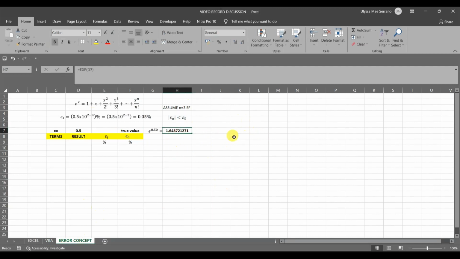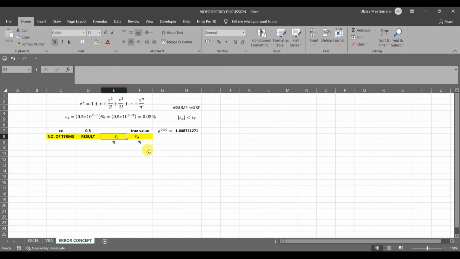We also have the true value of e raised to 0.5 equals 1.64872121, following the table format as shown on our presentation. So, we're going to try using Excel. Number of terms, result, the epsilon sub t, the epsilon sub a. Epsilon sub t is simply true error over true value times 100. For our first term, or the first estimate, we will have here the single term.